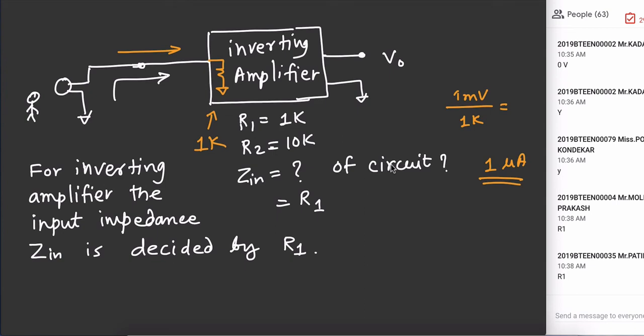If it is 1 volt, then it will be 1 milliampere. Right? Fine. So is this good or bad? Let us decide whether it's good or bad. Expected or not expected, desired, not desired. What is your opinion?